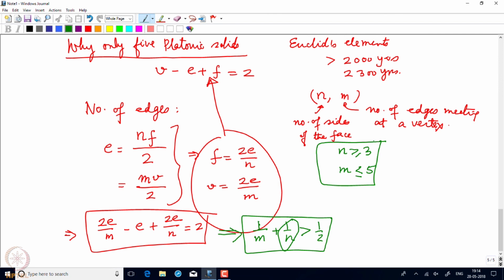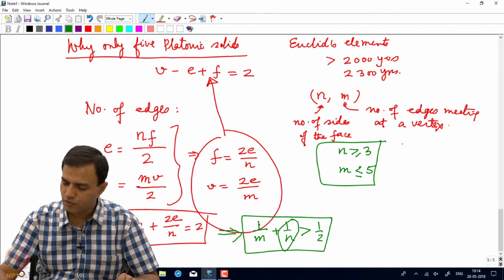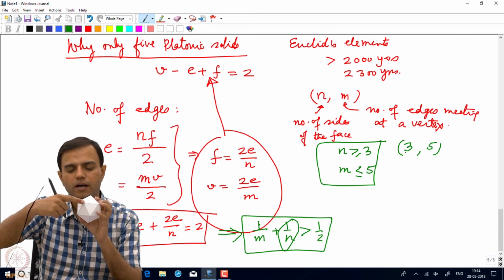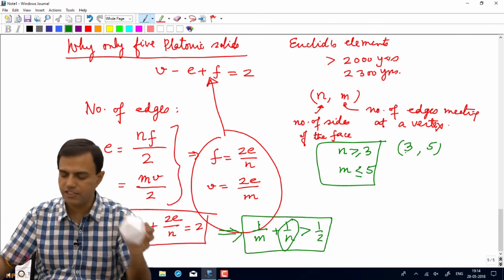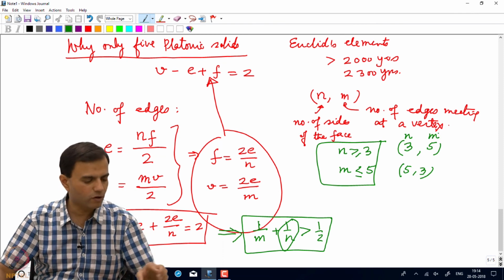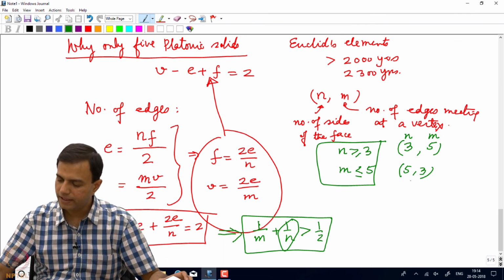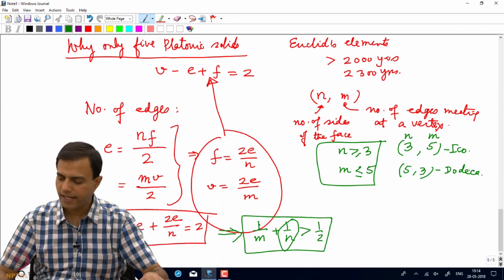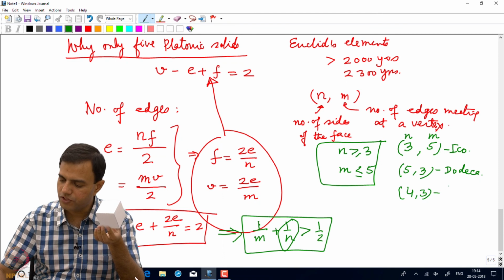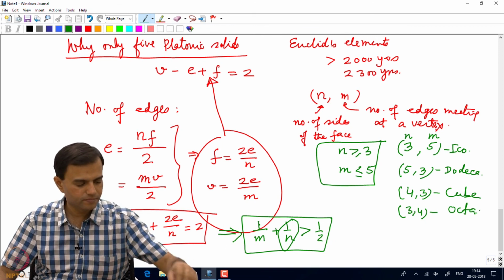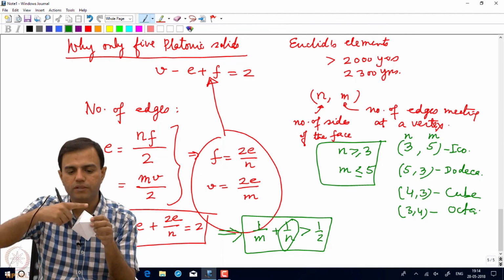So this is what puts a restriction, and when you have all the possibilities, so when you have say 3, 5, that's a possibility which is the icosahedron, each side is a triangle and each vertex is having 5 edges which are coming out of it. 5, 3 could be a possibility, this is n, this is m. 5, 3 would be a dodecahedron, then 4, 3 which is a cube, and then 3, 4 would be an octahedron.